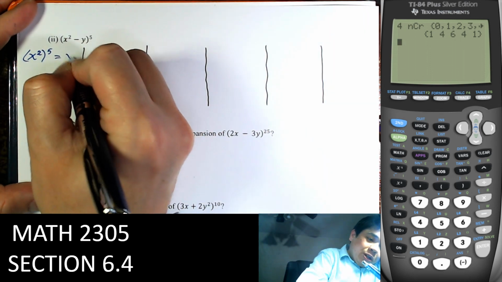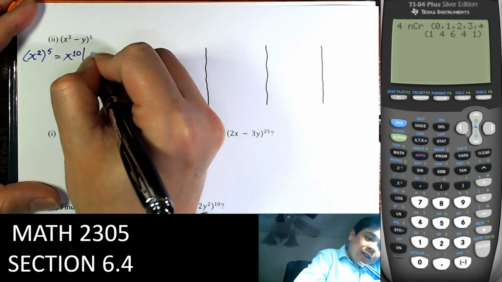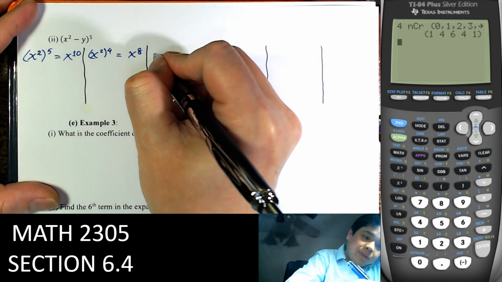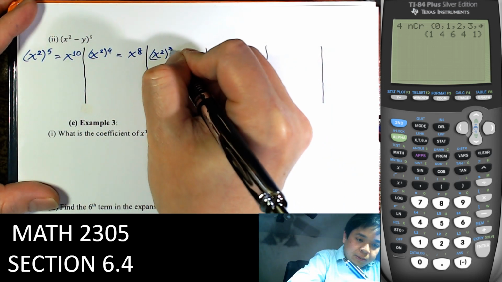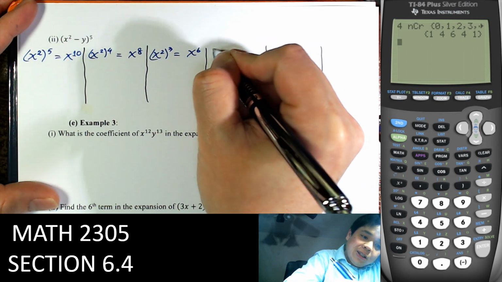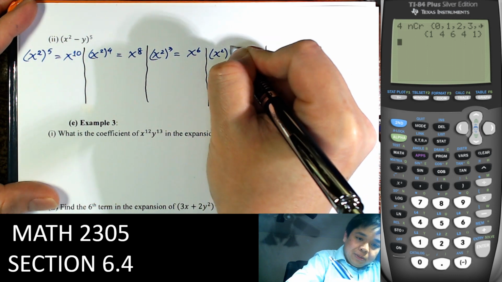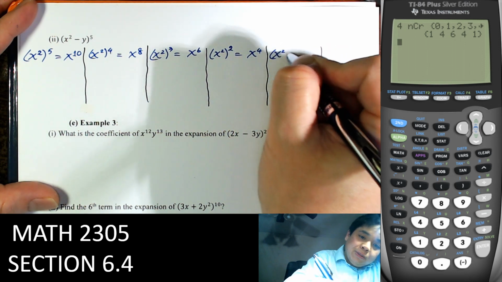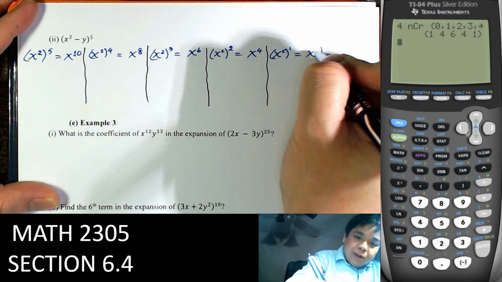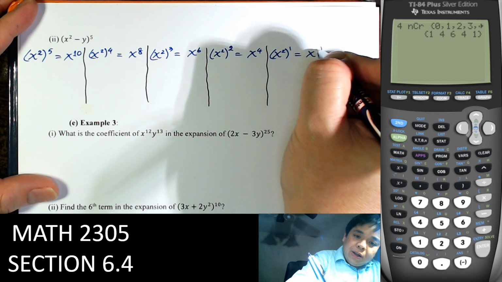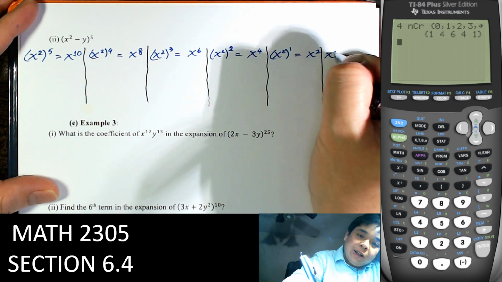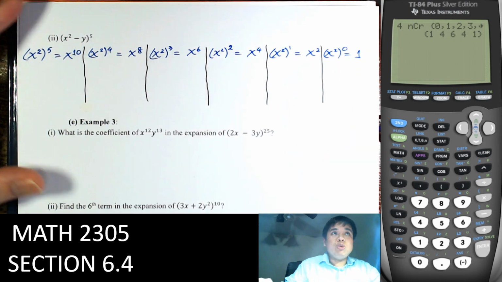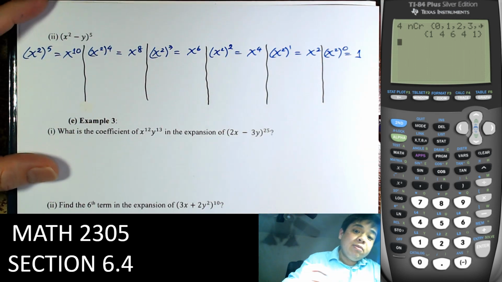So that x to the 10, that x to the 8, x to the 6, 4th, square, 0 power. Anything to 0 power is 1. Right, so that's the first term.